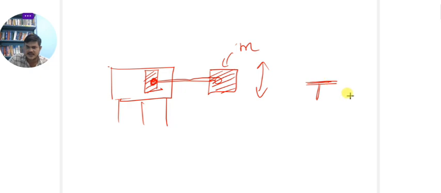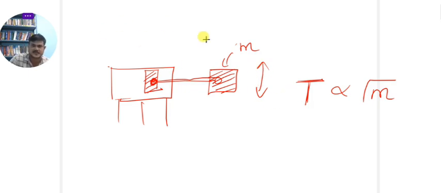This time period is directly proportional to the square root of the mass. The experiment happens on Earth in the horizontal direction. If this experiment is taken to space, the vibration can be in any direction, no problem, because there is microgravity. But on Earth, the vibration must be in the horizontal direction. Clear?